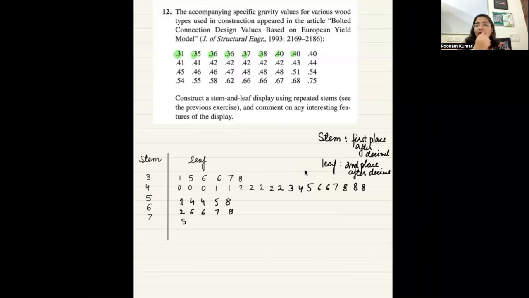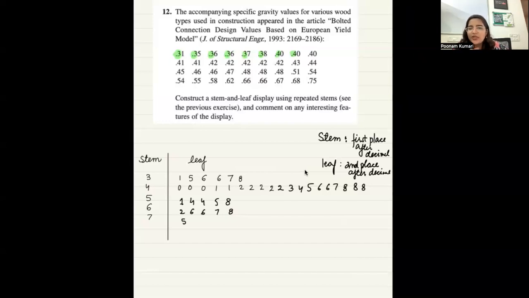Whenever there are a lot of differences, this method doesn't work very properly. Then you go to different methods, histogram or other methods. So whenever the data has similar digits, only then you try to plot it. Otherwise, we don't use it. And you can see this also, that this is not so good when you have a lot of data, it's very problematic, right? So you don't follow it that much.